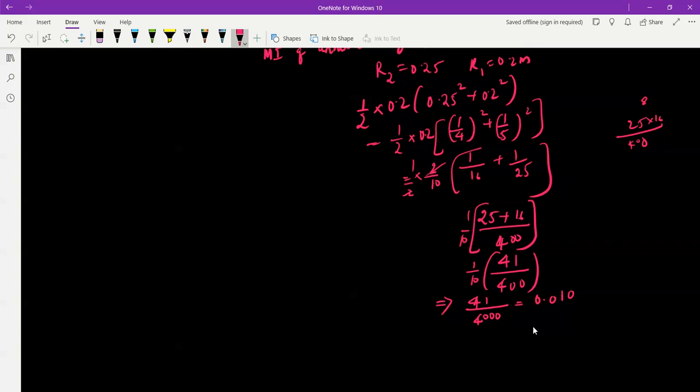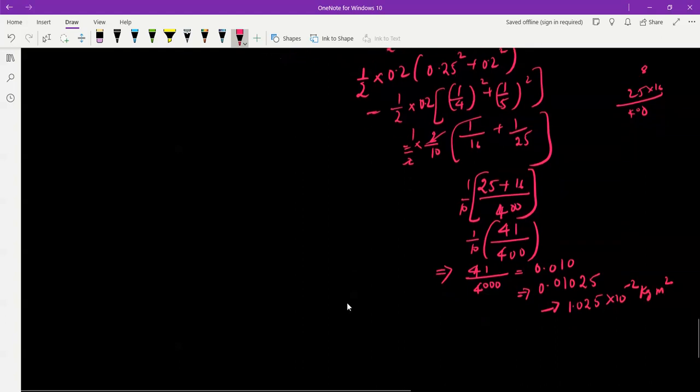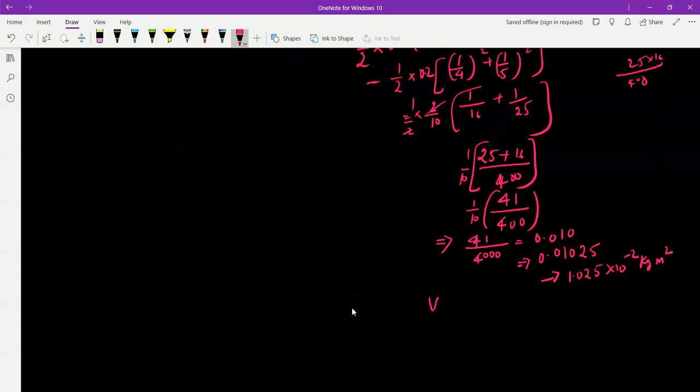So 41 divided by 4000 is 0.01025, which means I can just write 1.025 into 10 to the power of minus 2 kg meter square.